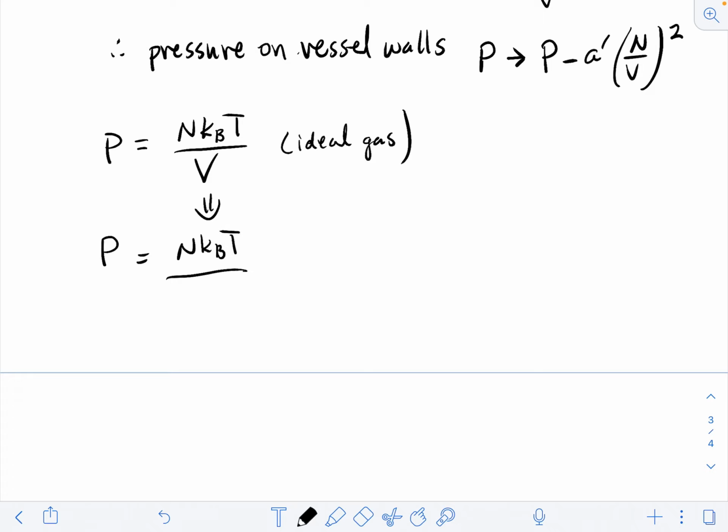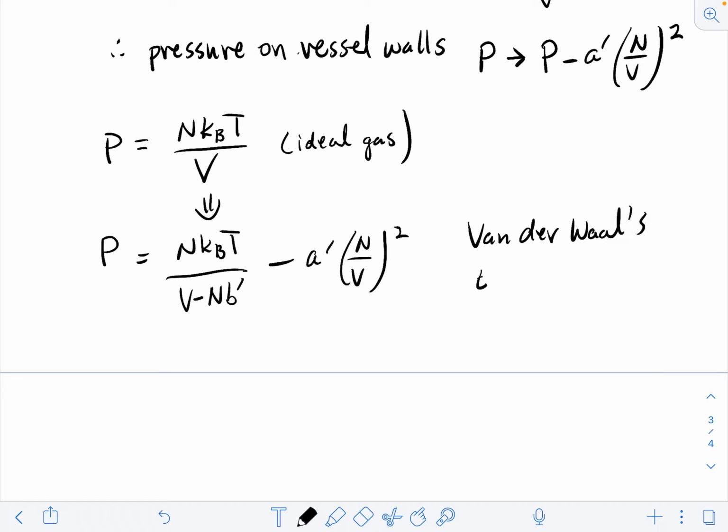We said the volume was going to be reduced because we're thinking of hard sphere particles, and there's our volume reduction. And we said the pressure was going to be reduced by this amount, and this is going to be our van der Waals equation of state.